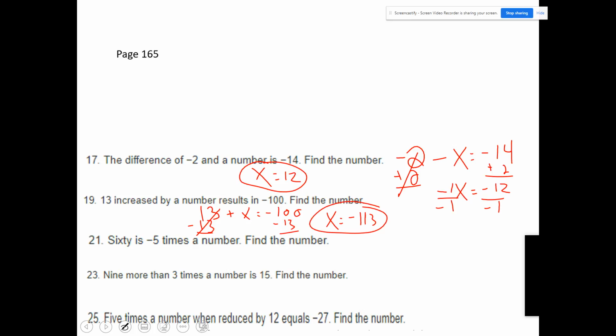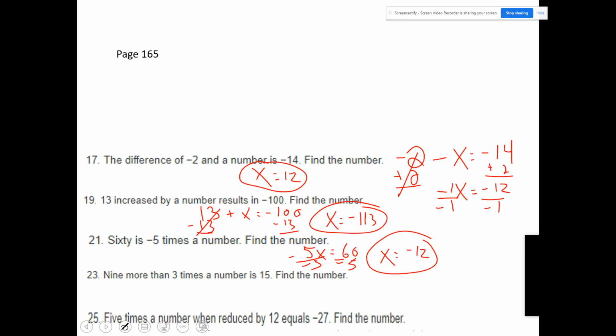For 21, 60 is negative 5 times a number. Find the number. We have negative 5x equals 60, right? We're going to divide by negative 5, and we're going to get x equals negative 12.